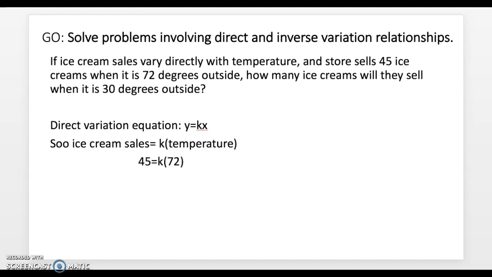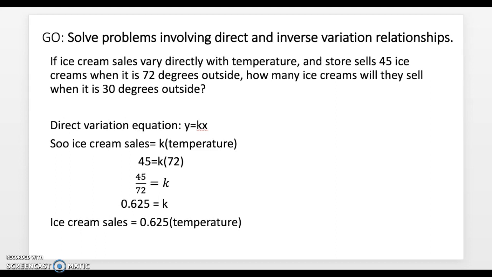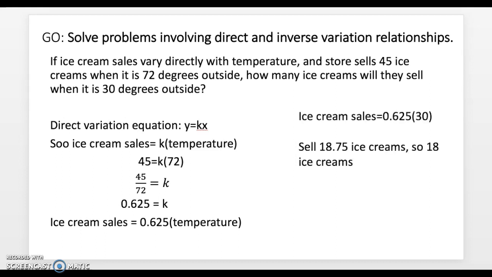And then we plug in our numbers, 45 equals k times 72, and solve for k, which gives us 0.625 or 45 over 72. And so we can plug that back into our equation for k, and then plug in our new degree 30 and find that they sell 18.75 ice creams, which means 18 ice creams, since you can't sell 0.75 of an ice cream.